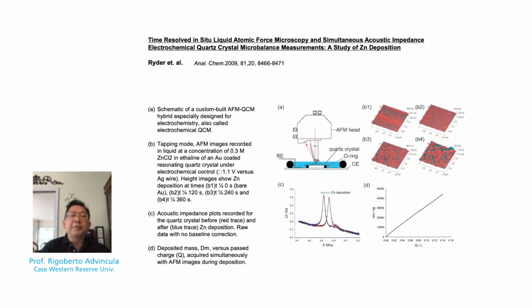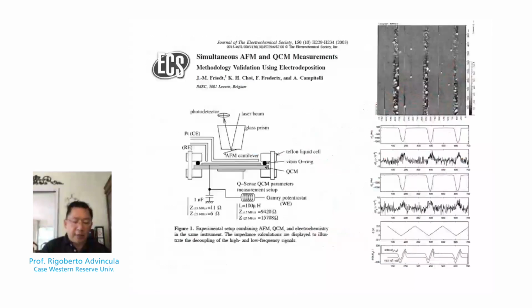Now, in this other paper, coming from the Frateur, Campitelli papers in Belgium. So here you can see an AFM built together with the QCM experiment, actually a QCM electrochemistry experiment with a liquid cell or flow cell setup.